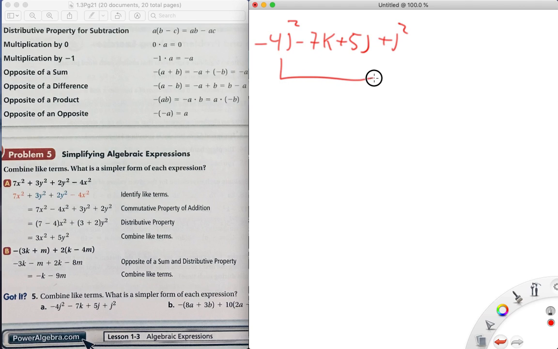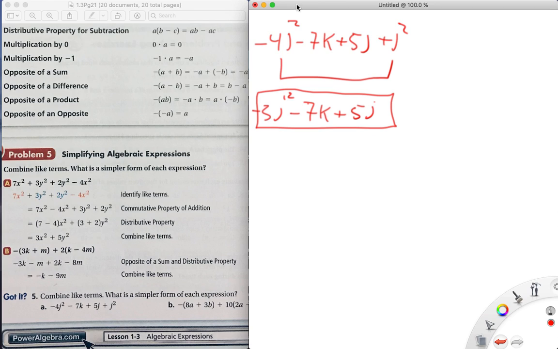The only like terms that I see are the j squareds. We have negative 4j squared and a 1 in front of that j squared, so that's 1j squared. That gives me negative 3j squared minus 7k plus 5j, and this would be my final answer. There's nothing else that I can simplify.